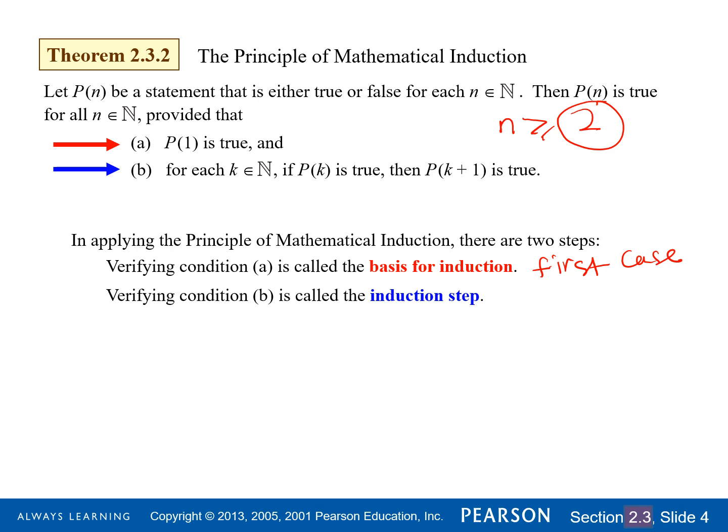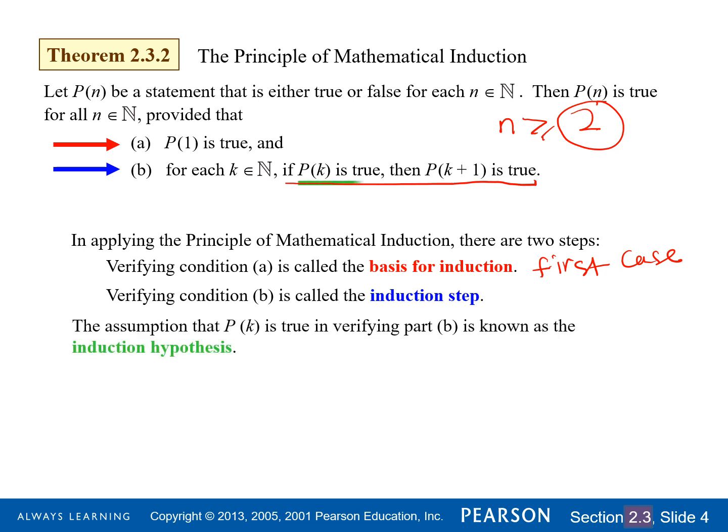We have the basis for induction, which refers to the first case, and we have the induction step, which contains the statement involving implication: if P, then Q. If Pk is true, then Pk+1 is true. Okay, so the assumption that Pk is true in verifying part B is known as the induction hypothesis.